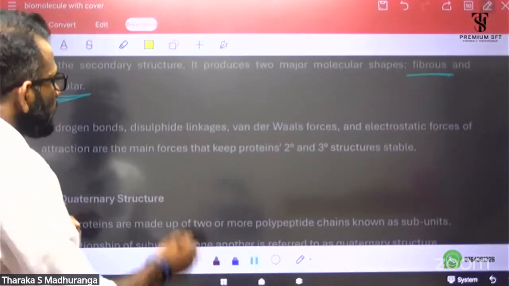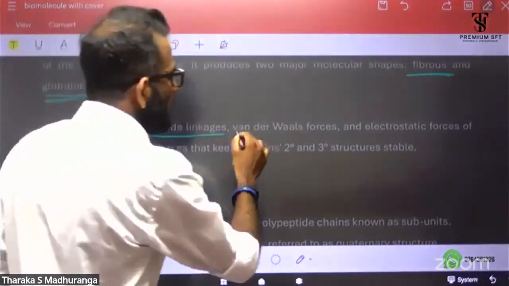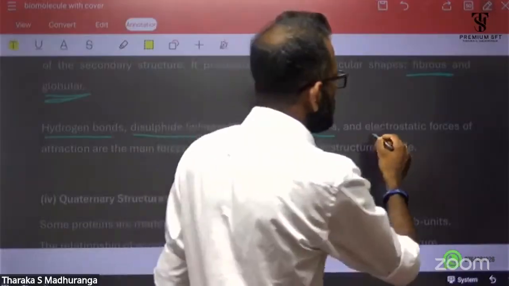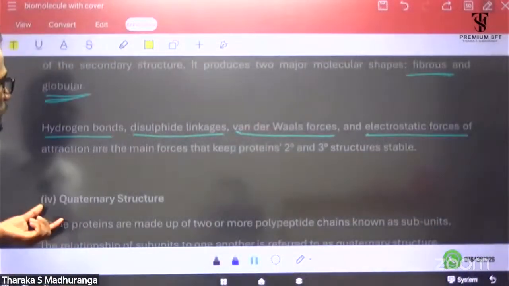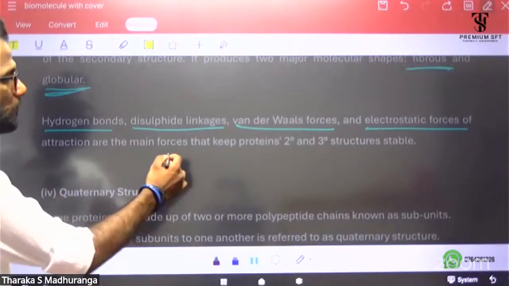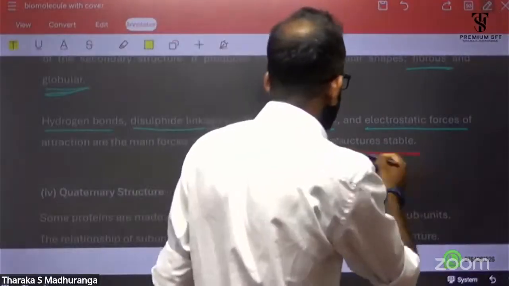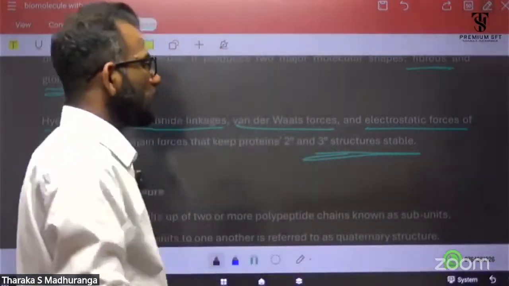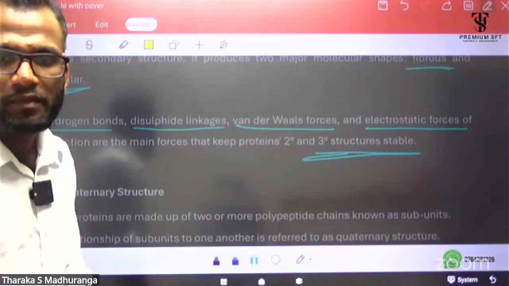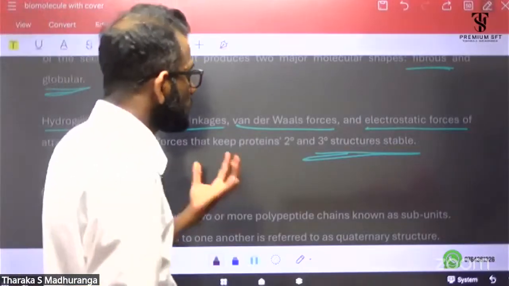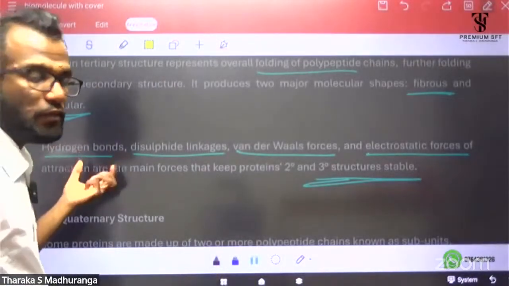Hydrogen bonds, disulfide linkage, Van der Waals forces, and electrostatic forces of attraction are the main forces that keep proteins in a 3D structure. Okay, the tertiary structure is a 3D structure.